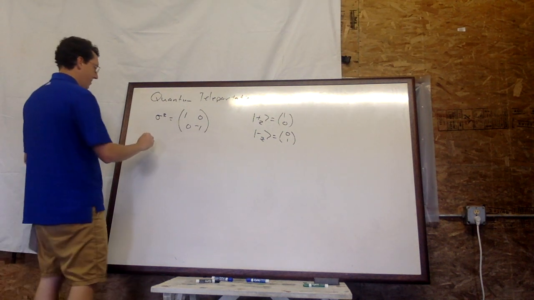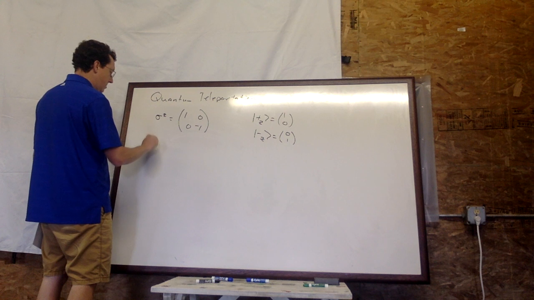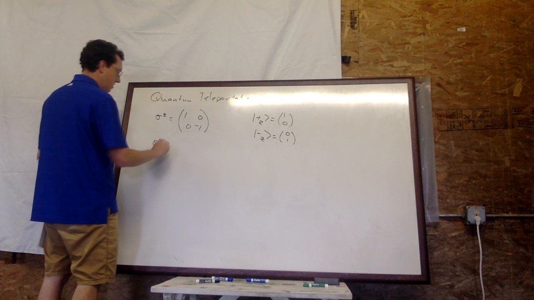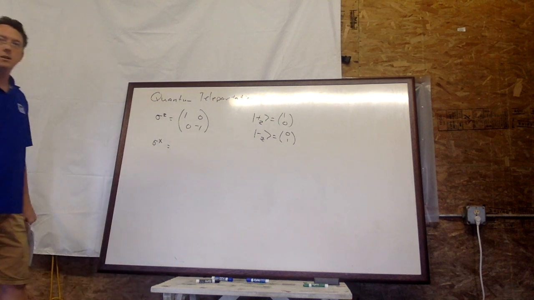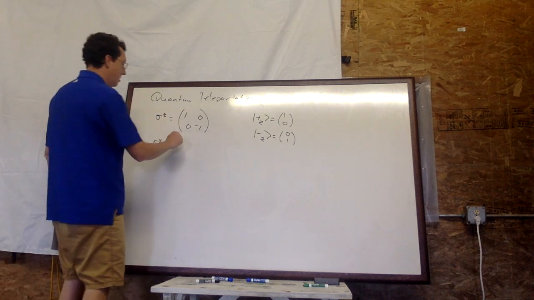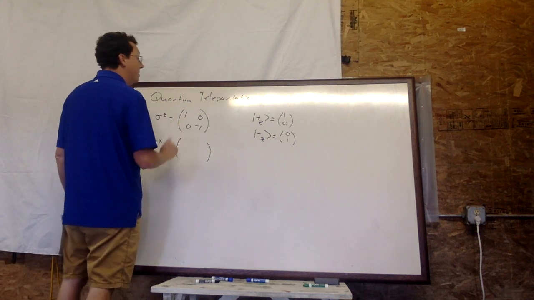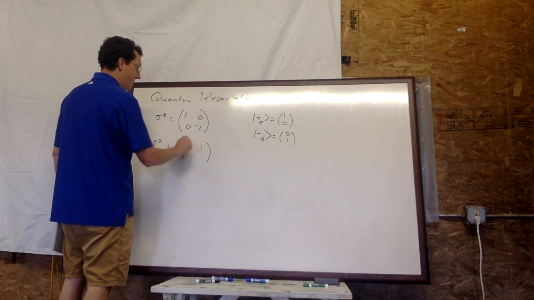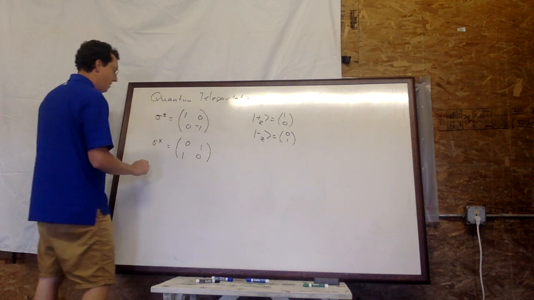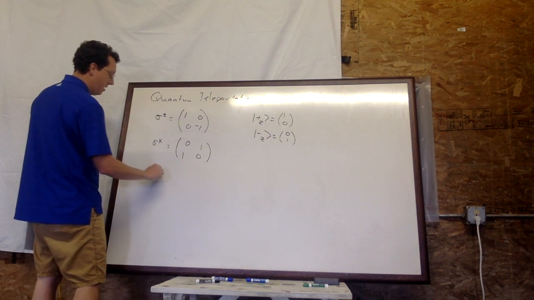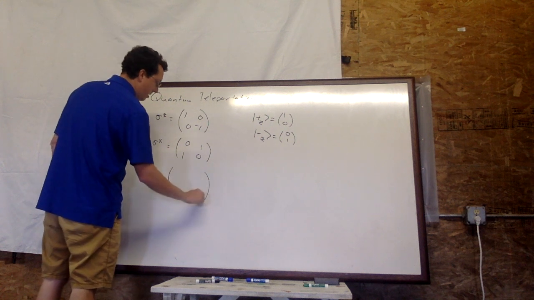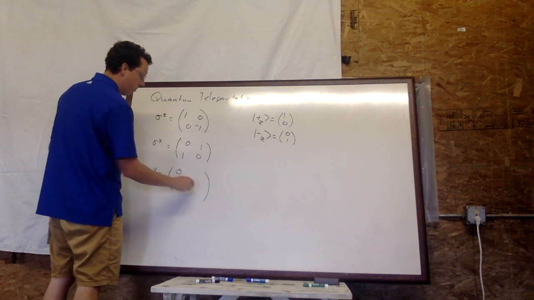Okay? Fine. What about sigma x? It's off diagonal, and it's 1, 1. And sigma y is going to be off diagonal, first of all.